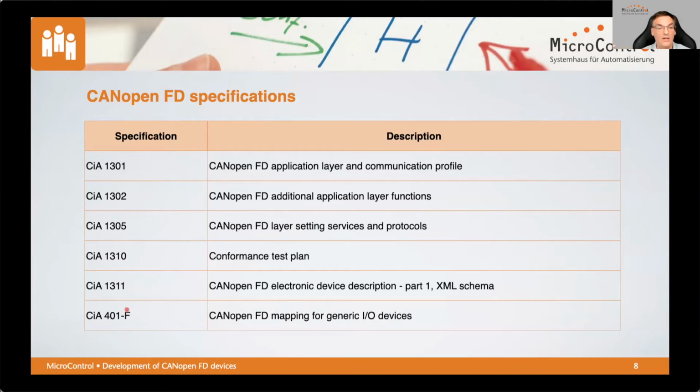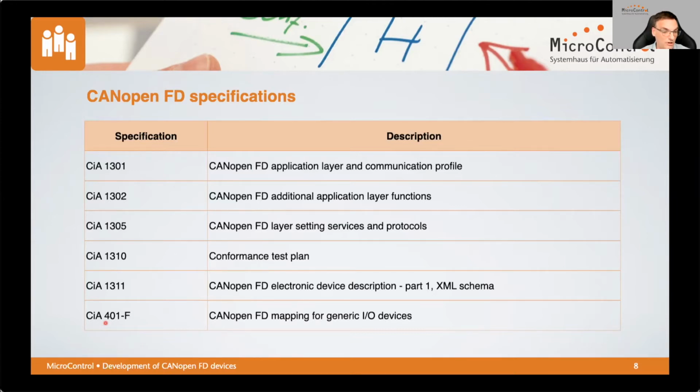You might already have noticed that when we are talking about device profiles on top of CANopen FD, these profiles have not changed their numbering scheme at all. So the number stays the same, like the former CiA 401 for generic IO device is still 401, but all these profiles now get a suffix. The suffix -F means that it is specific for CANopen FD, and the -C means that it is specific for the old, generic classical CANopen.